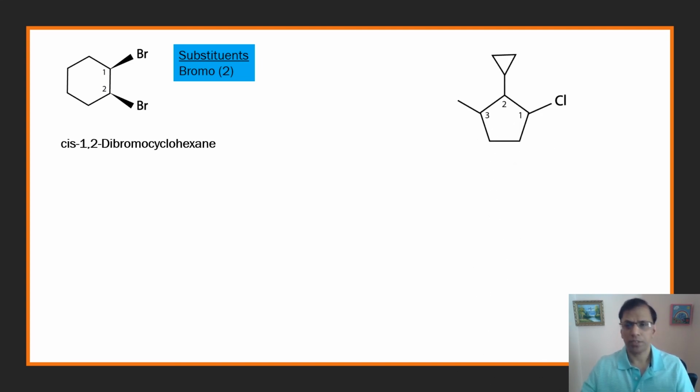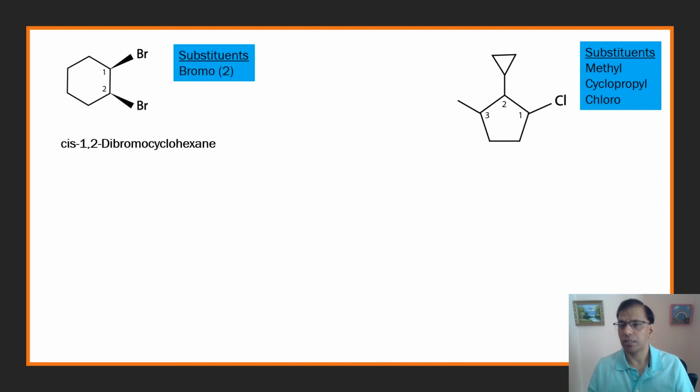Let's look at this example. In this particular case, the big ring is considered the parent ring. This is the cyclopentane. So in this particular case, cyclopropane is a substituent. Chlorine is a substituent, and we have the methyl substituent, and the numbering starts always in alphabetical order. Chlorine has higher ranking in alphabetical order, and so it's called 1-chloro, 2-cyclopropyl, 3-methyl cyclopentane.